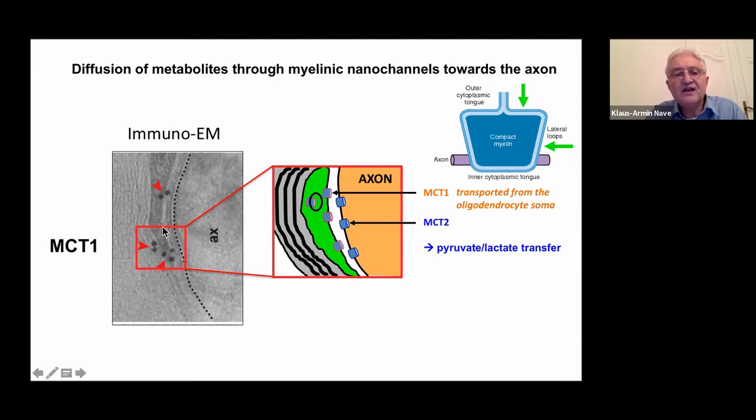On the left, you see an immunoelectron microscopic image of the MCTs as they sit close to the axonal membrane. Now, if that is true, then anything that would disrupt the continuity from the oligodendrocyte to this space facing the axon would ultimately result in a lack of proper import of these MCT channels and long-term functioning. I'll come back to that.